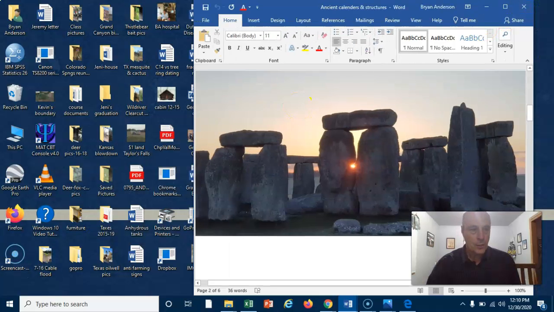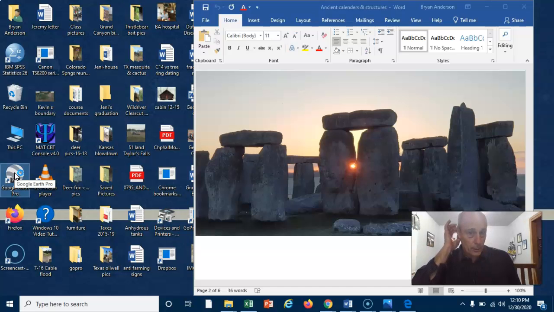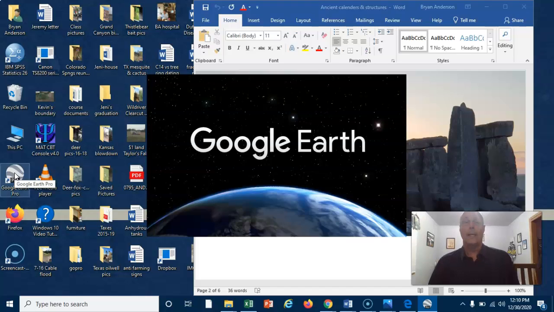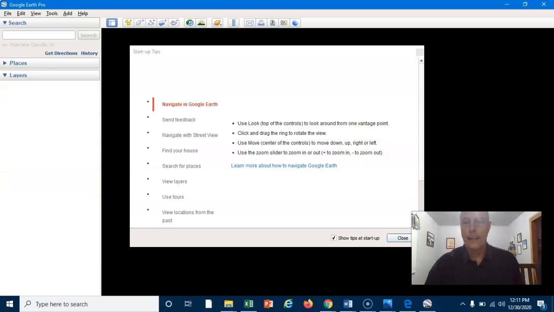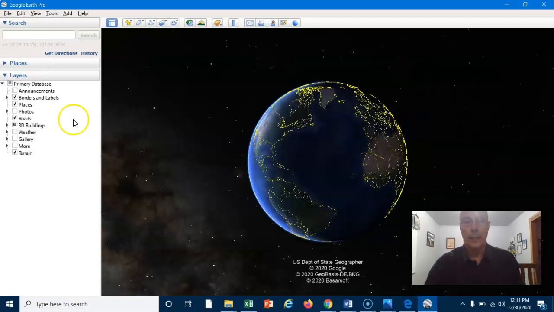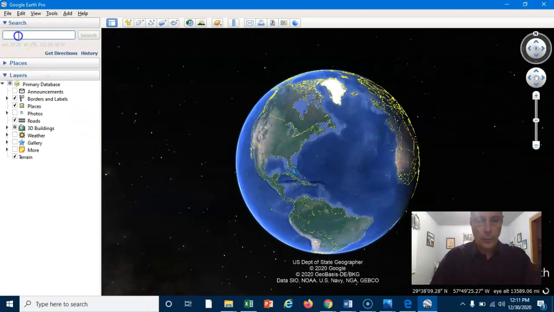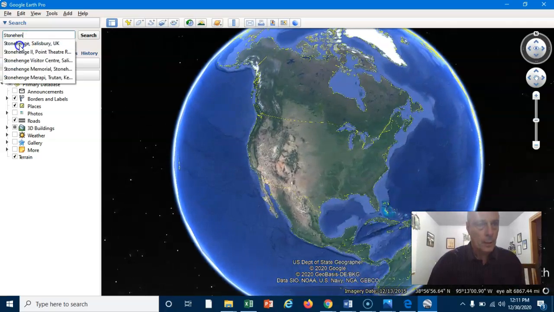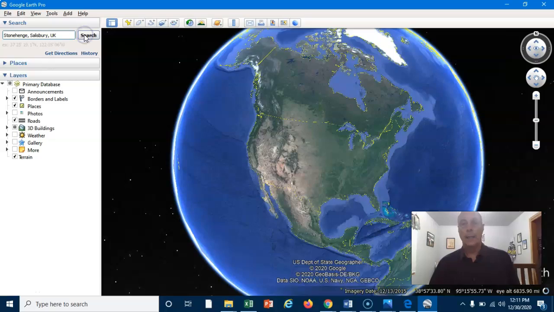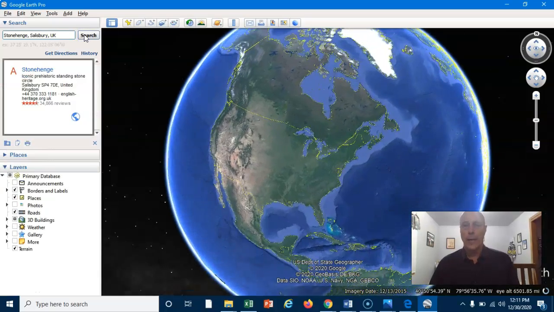If I minimize this just a little bit and open up Google Earth, you'll see from a distance the true footprint of structures like Stonehenge. So we'll just do a little search for Stonehenge. And it will zoom us into that.